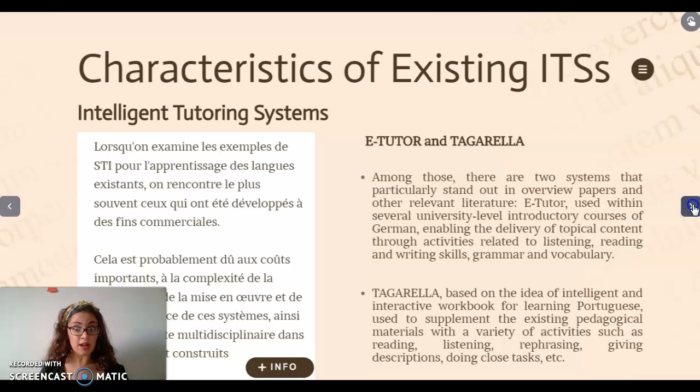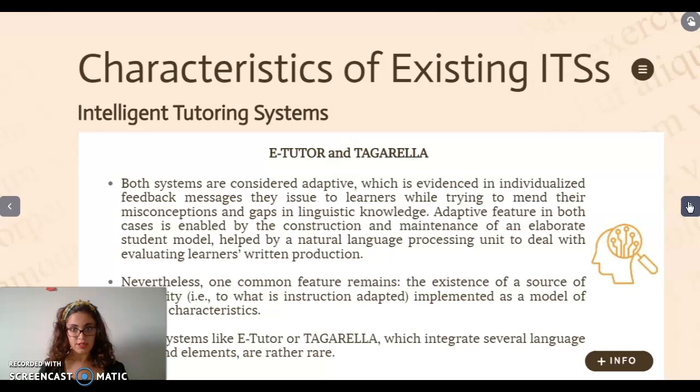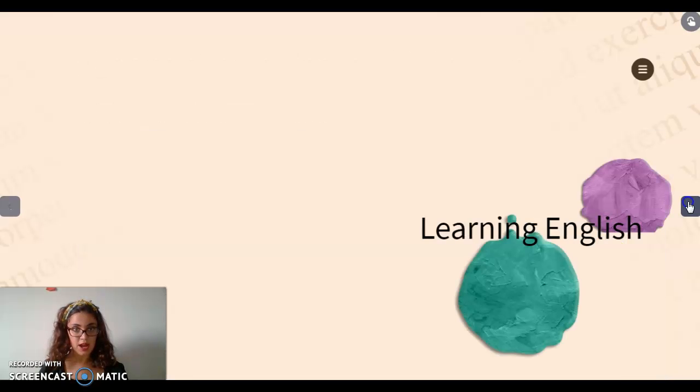And Tagarella, based on the idea of an intelligent and interactive workbook for learning Portuguese, used to supplement the existing pedagogical materials with a variety of activities such as reading, listening, describing, doing class tasks, etc.